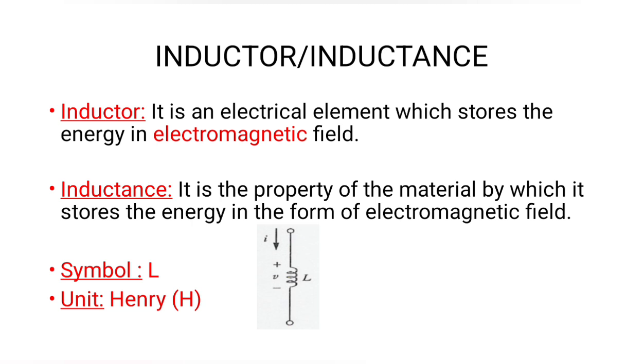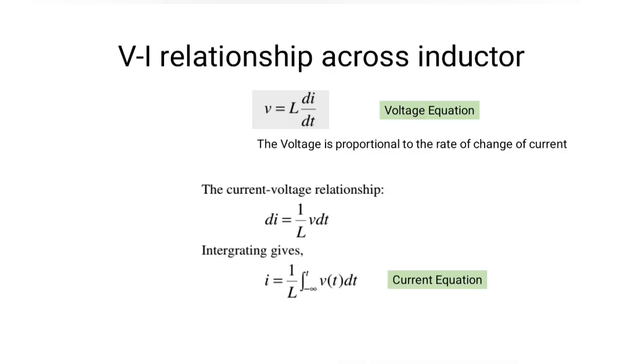It looks like a coil with the inductance of capital L, and we have voltage across the inductor and a current flowing through this inductor. The unit of this inductance is Henry. The VI relationship across the inductor: the voltage equation V is equal to L into dI by dt. It is actually emerging from V being directly proportional to the rate of change of current dI by dt.